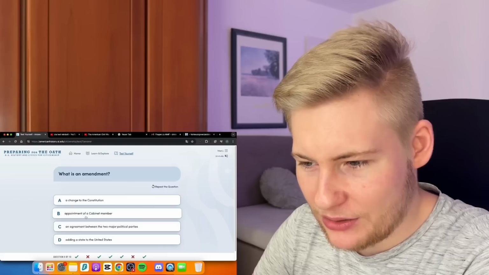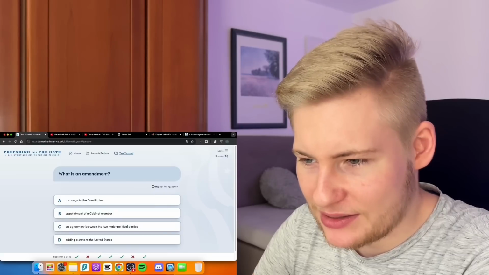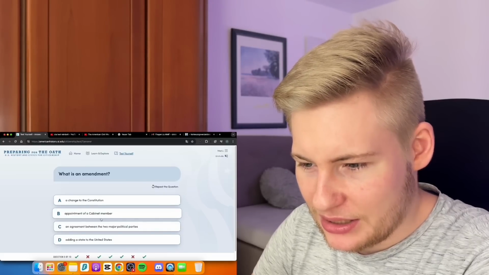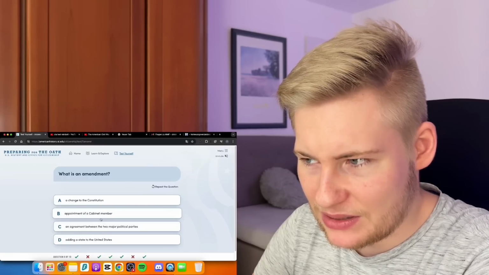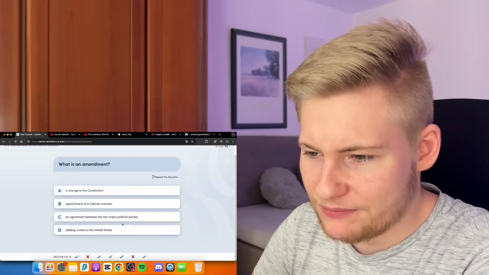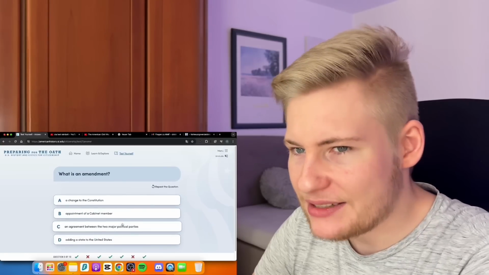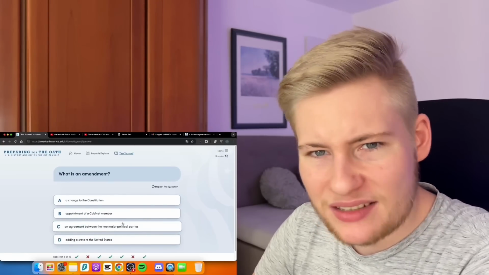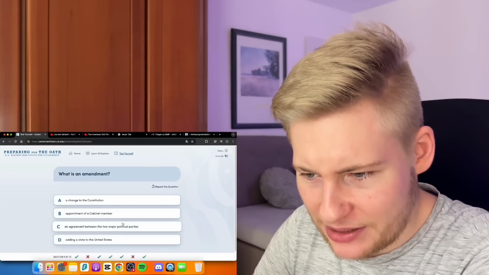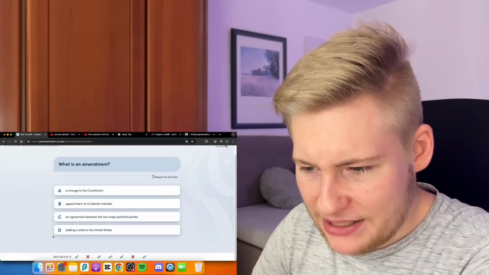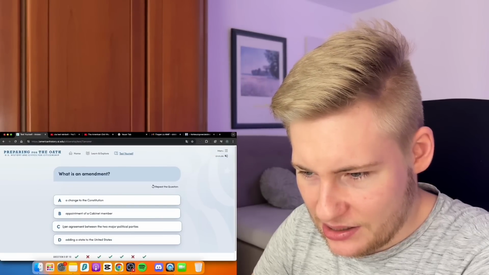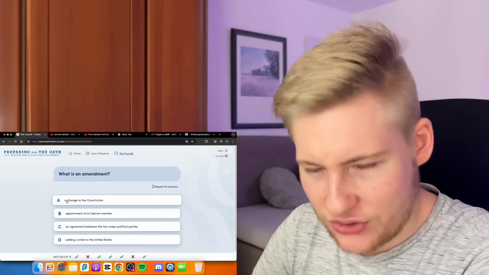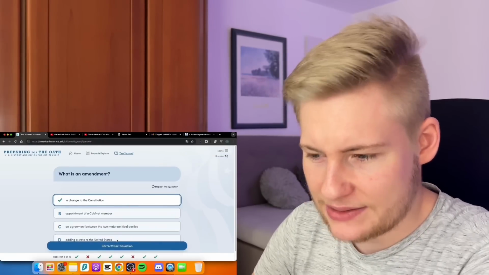An appointment of a cabinet member, no. An agreement between the two major political parties. I mean, people have to agree on it, but not every agreement is an amendment. Adding a state to the United States, that is not an amendment. So it should be a change to the constitution, right? Yes. Come on.